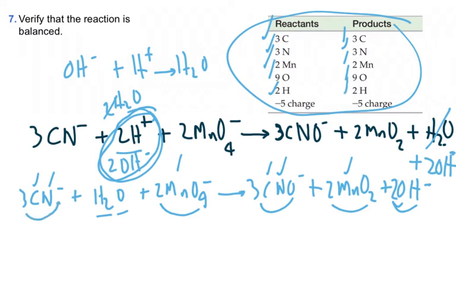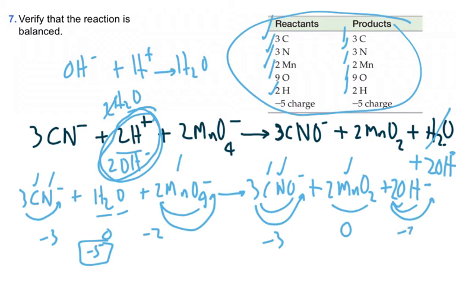Now remember, there are 3 negatives here. This is neutral, and there are 2 negatives here. So this side over here has a net -5 charge. Now over here there is a -3. This is neutral, and this is a -2. So we also have a -5 charge.